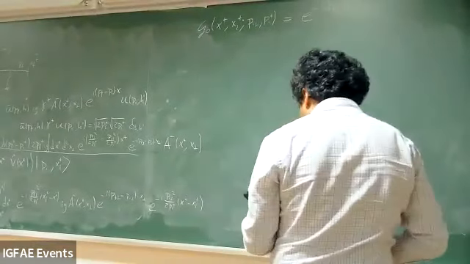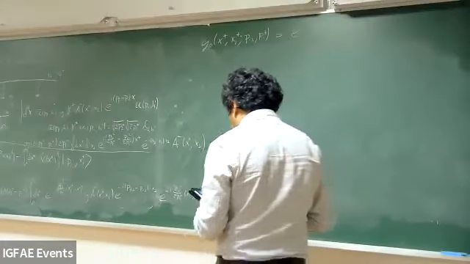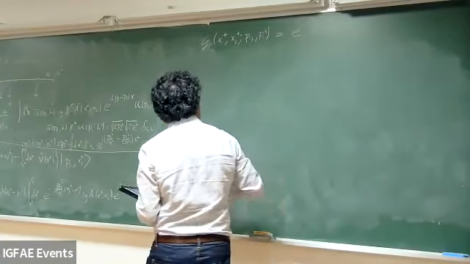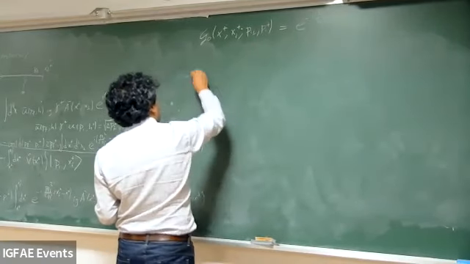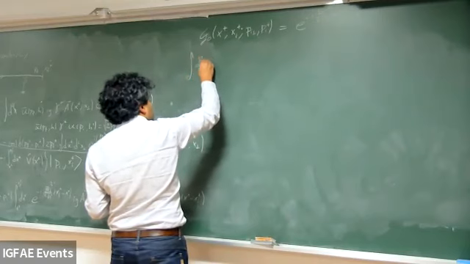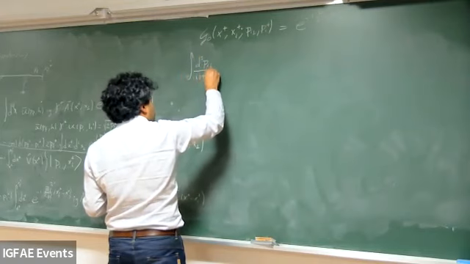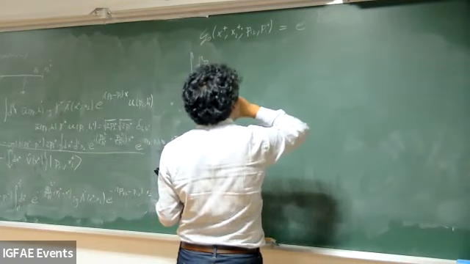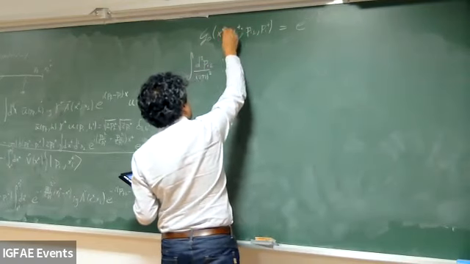Okay, and then I can take the Fourier transform of this. Let me just change the notation here to make it simpler.